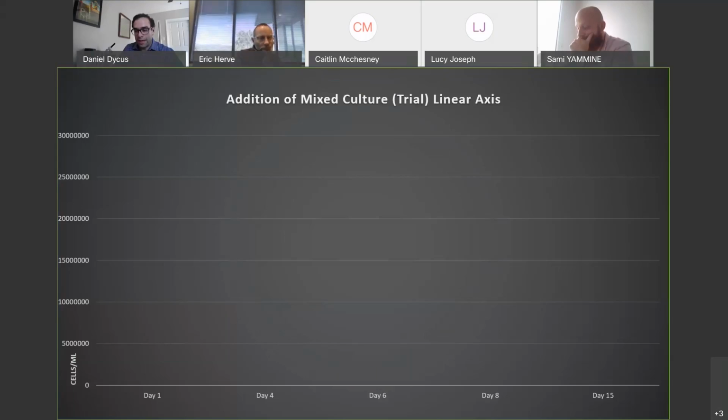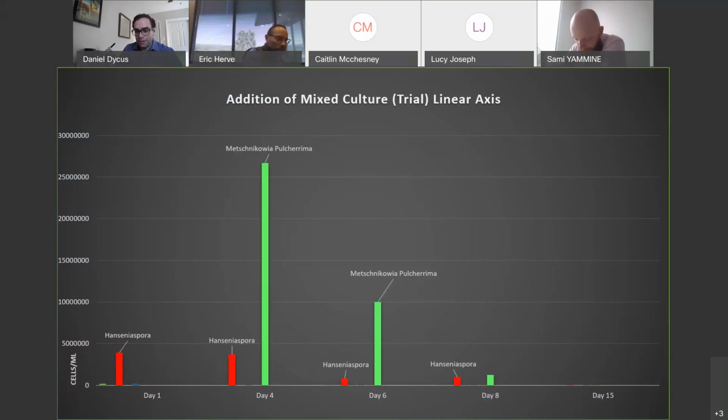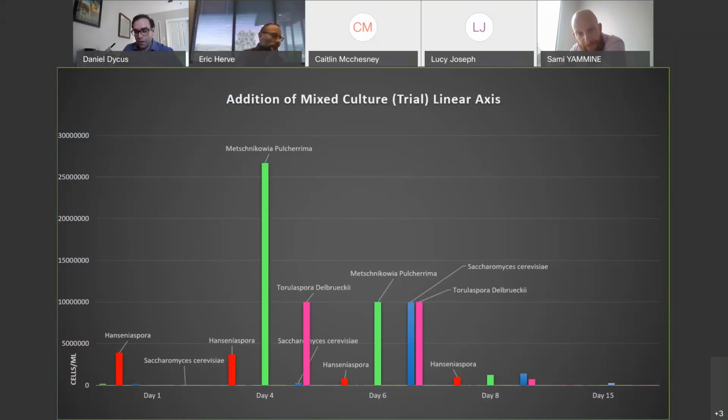Then if we look at the addition of our product, we see that there's a lot less Hanseniaspora here than there was in the control. And the reason that happens is because after the cold soak, that 3-day cold soak, we add Metschnikowia pulcherrima and Torulaspora delbrueckii in such a massive amount, 30, I think it was 30 grams per hectoliter, no, 50 grams per hectoliter.